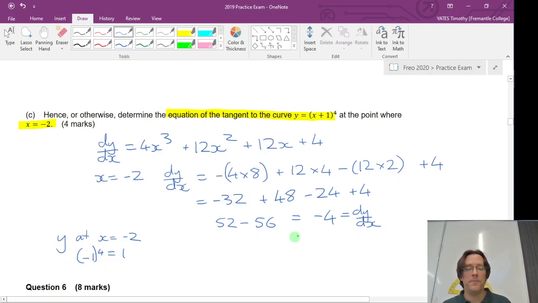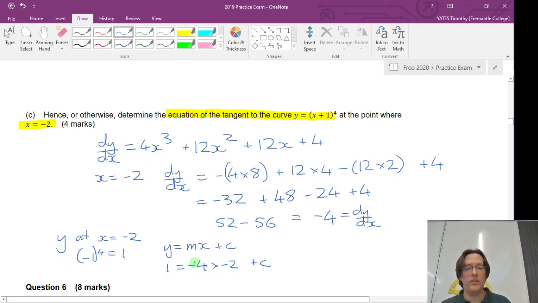So anyway, we've got a y value. We know our y. Oh, sorry. y equals mx plus c. y is going to be equal to 1. m is -4. x is -2 plus c.